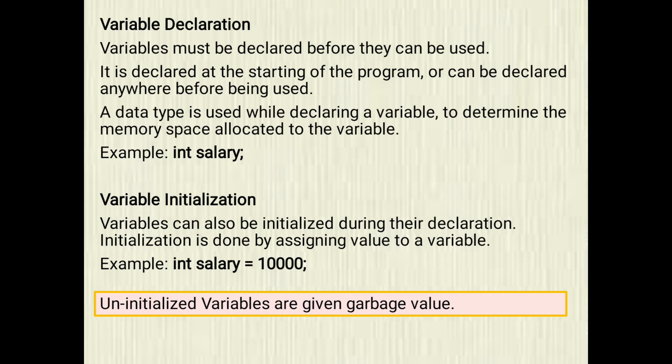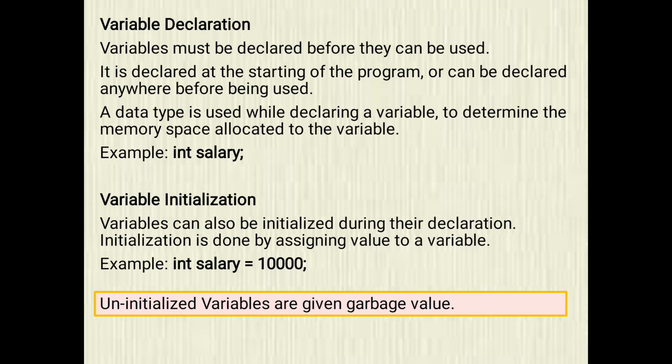So what is garbage value? It will be explained in more detail in the coming chapters. For now, just understand that garbage value is a random value that will be assigned to the variable based on its data type. In this case, since the data type of salary is integer, a random integer number, could be 42, could be 1000, any random integer value will be printed out on the monitor screen.